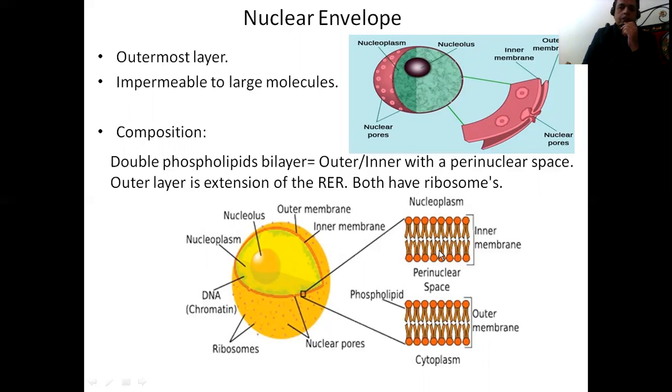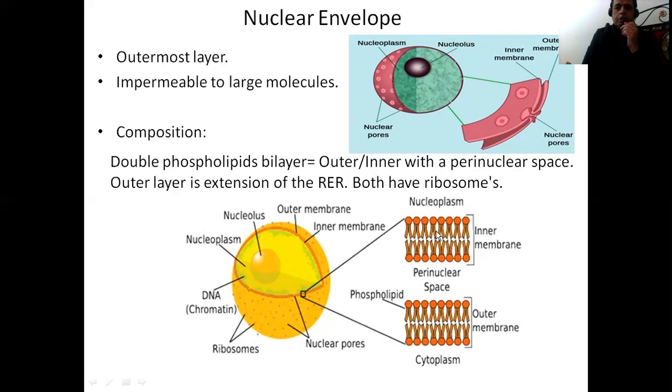So you can just imagine its role: how lipid-based substances would get through this particular structure, but charged substances, very large molecules or polar molecules would not be able to cross this membrane.